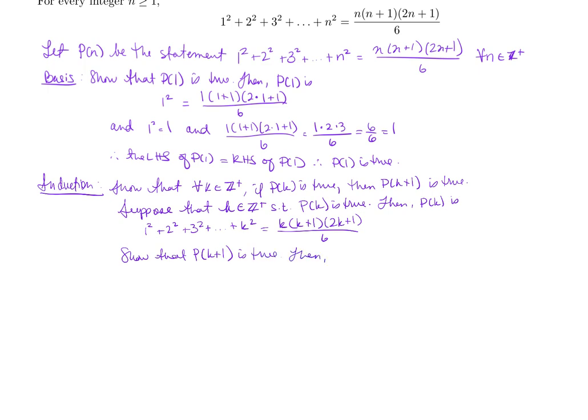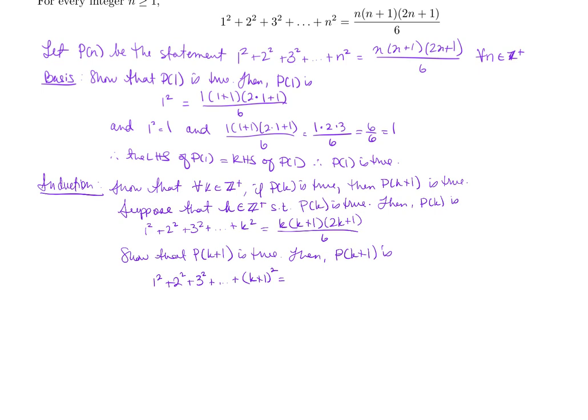So then we know that P(k plus 1) is, and let's write it all in. We end up with 1 squared plus 2 squared plus 3 squared plus all the way up to, instead of k, now we'll have (k plus 1) squared.